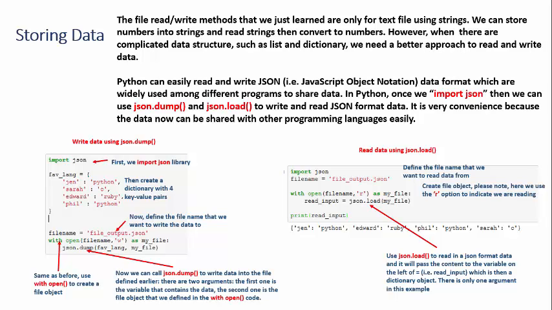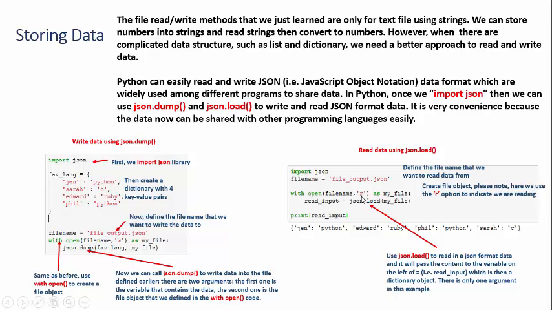Once we have an output file using JSON format, we can read it in. For example, we just created this file_output.json file, so it has a dictionary with 4 key value pairs. Now let's read it back again. Okay, first we define the file that we want to read in, and then we create the file object.